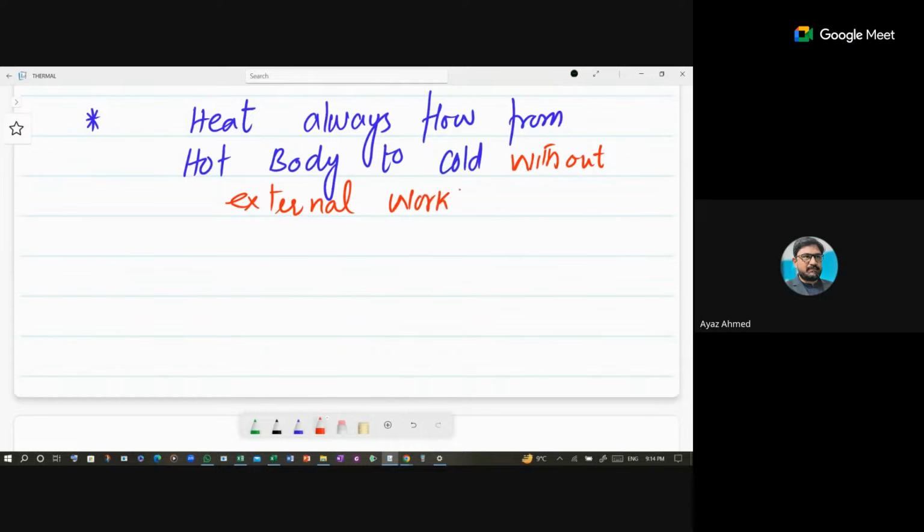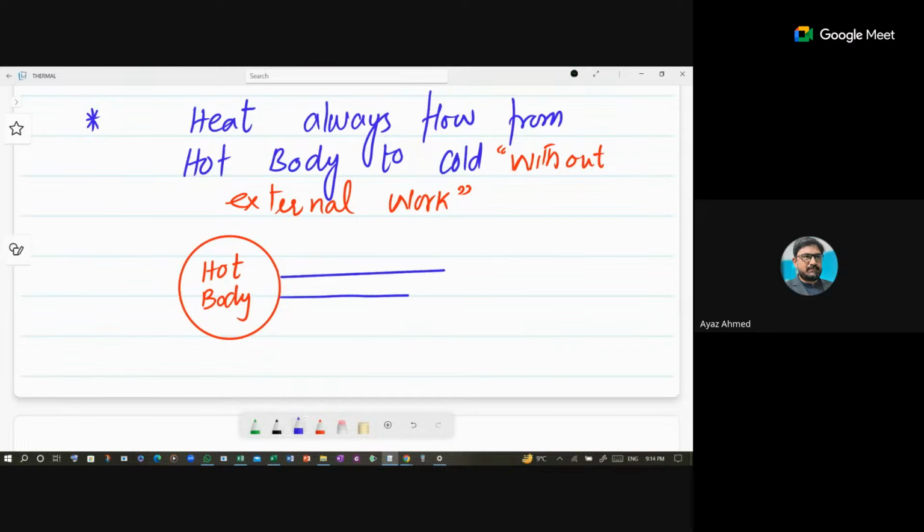When we say that heat is transferred from hot body, I mean the heater you are using to transfer the energy, that heater is going to exchange the heat with you. You are considered a cold body right now because your temperature is less.